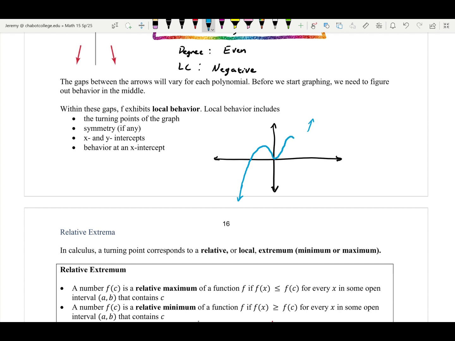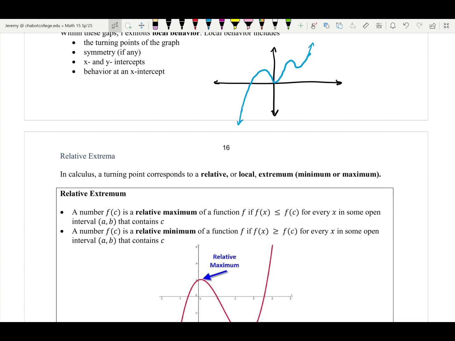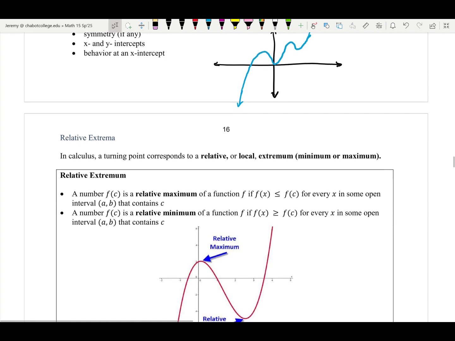And we might bounce off the y-axis. There might be another squiggle. There's all kinds of things that can happen in the middle. And most of the work of this section is how do we discover the behavior of any given polynomial. So that's what we're getting into here.